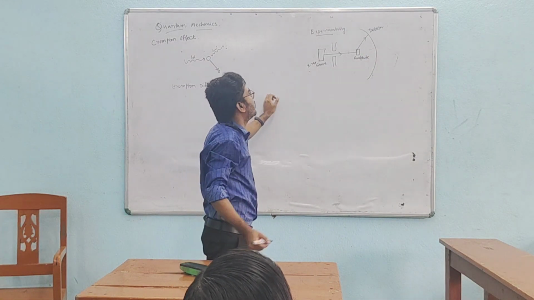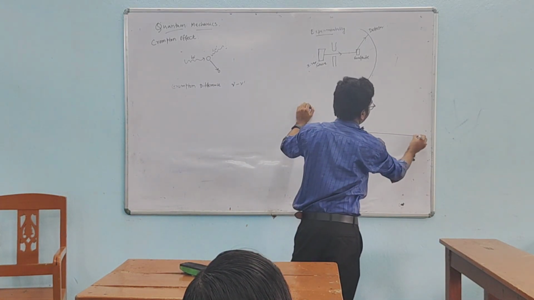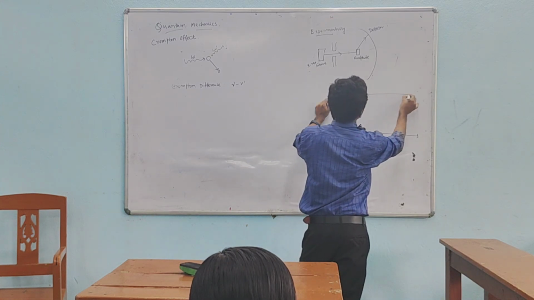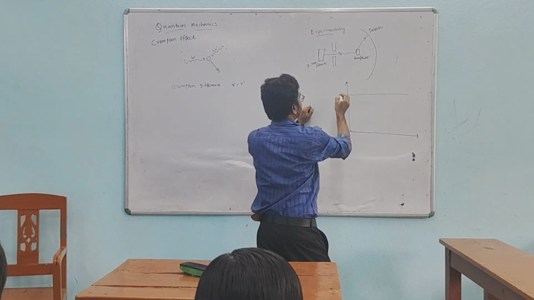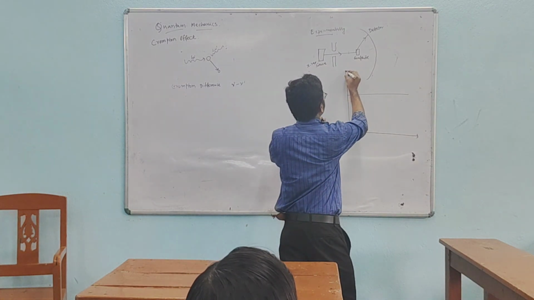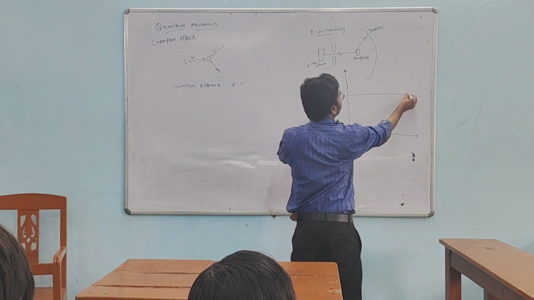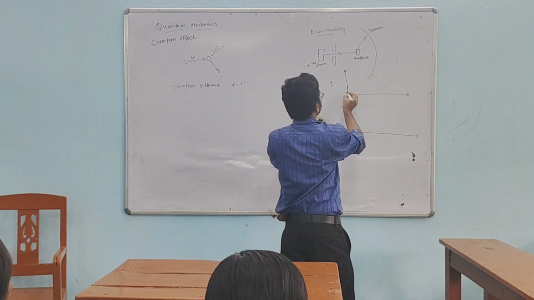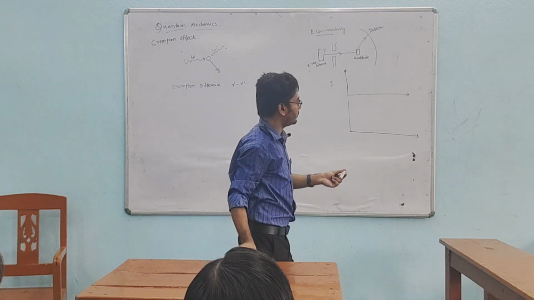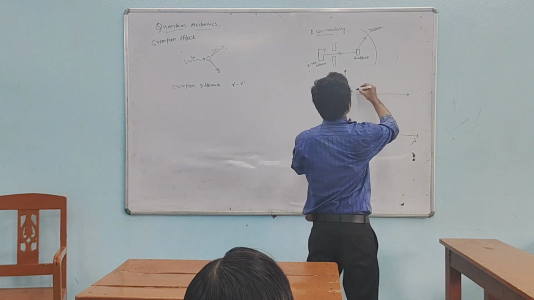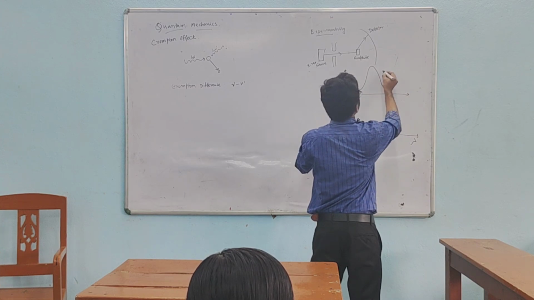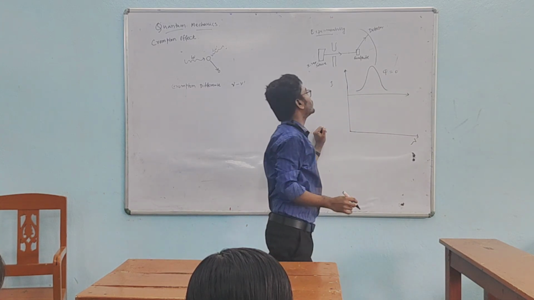Now we can find that if we plot the intensity I against lambda, then at phi equal to 0, you can find only one wavelength.